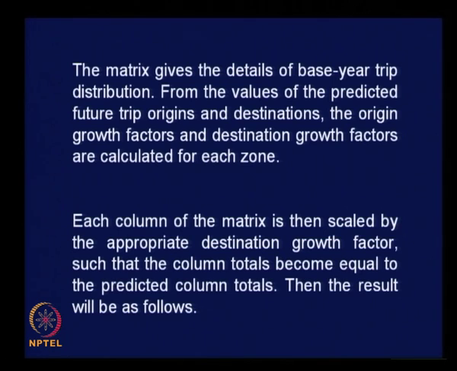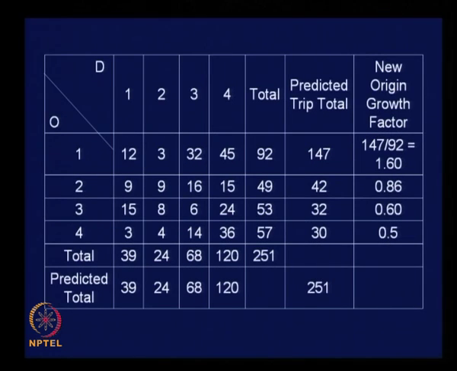Let us see how we get the result after this particular step. Since we have just scaled the columns using the growth factors, we find interestingly the calculated totals after scaling up are these values 39, 24, 68 and 120, and the predicted destination values are the same, right.